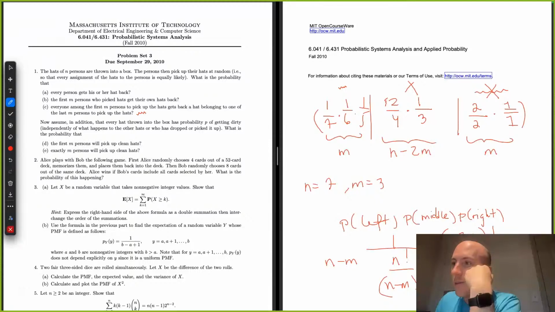I guess it's going to be n minus m factorial, but then you divide that by n minus m, divided by how many you want to cut off. It's going to be n minus m minus how many guys are in here. I think it's n minus 2m.